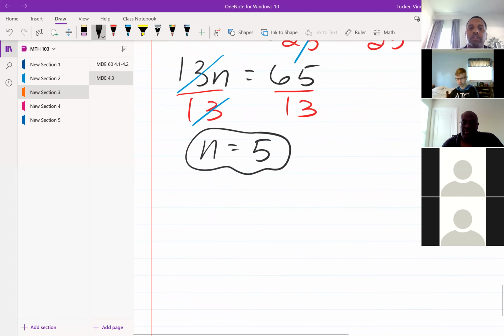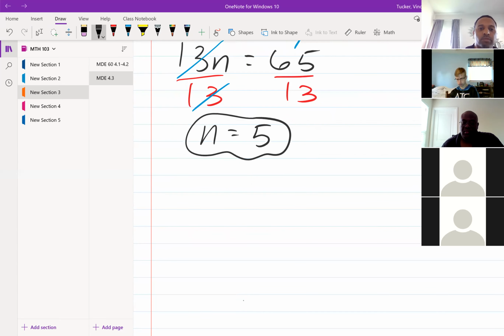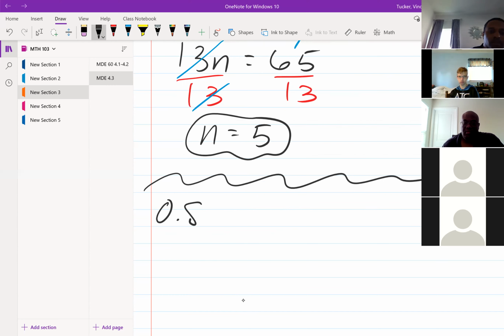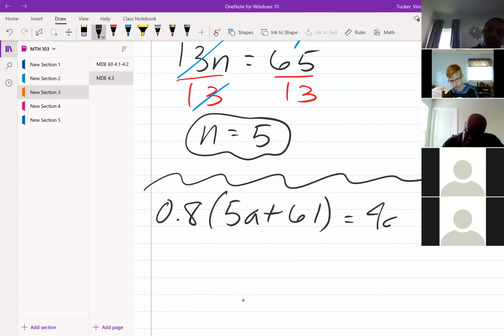All right, let's do at least one more. Let's see if I have some decimals involved. So we have 0.8 times (5a plus 61) equal to 4a plus 48.8.